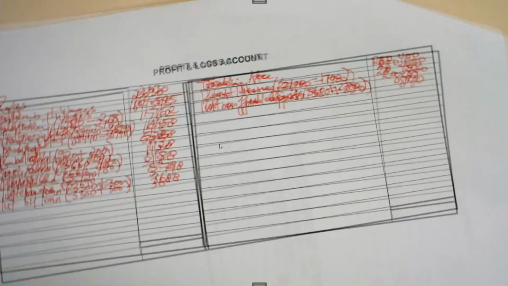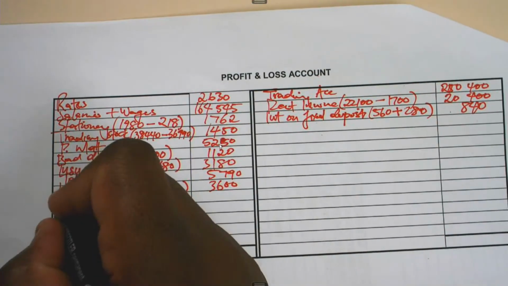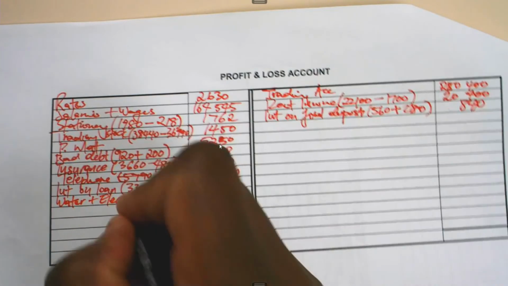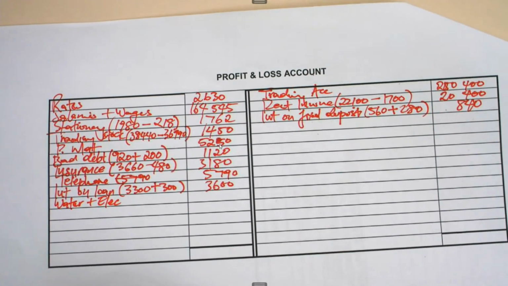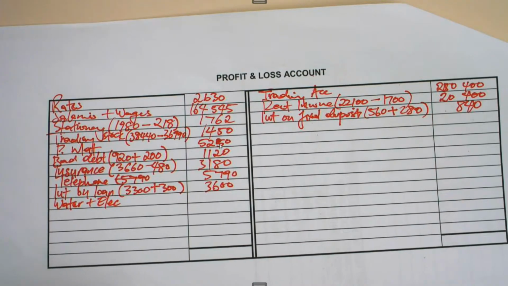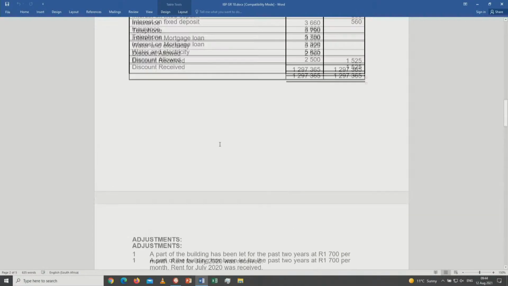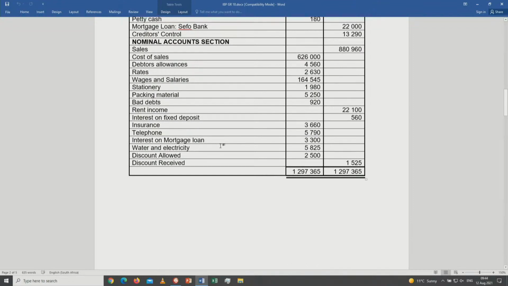Now, water and electricity, it is an expense account. Therefore, it has to be debited, and then it is how much? 5,825, right?